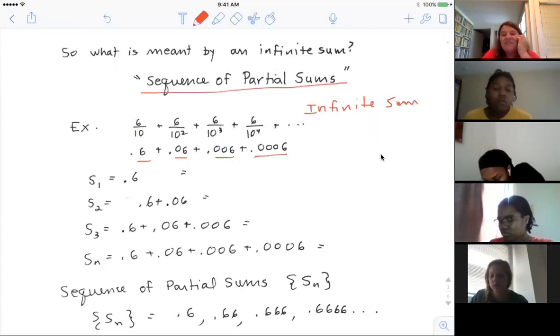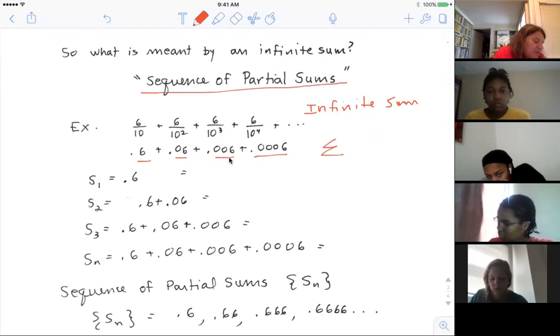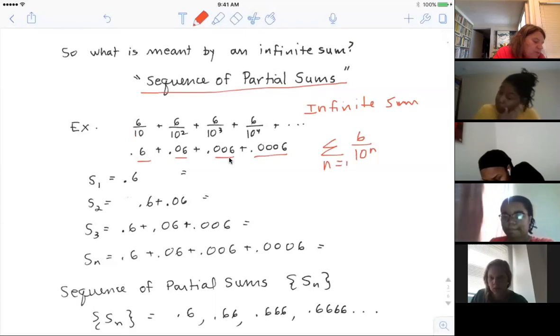What I mean by the sequence of partial sums is this. We said it was the sum of 6 over 10 to the nth power, from n equals 1 to infinity.